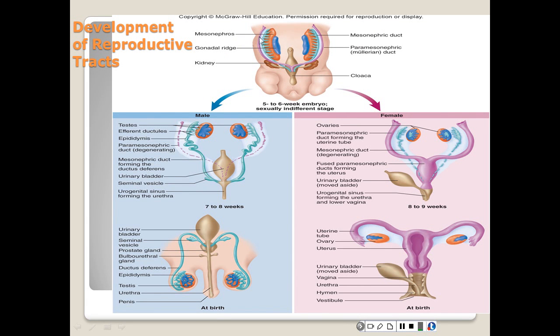We have the mesonephros, here is the mesonephric duct, and our paramesonephric duct. Now when we get to 7 to 8 weeks in a male child, here is the determination of whether you're going to have a male. Everything starts to change for the male at that point in time.